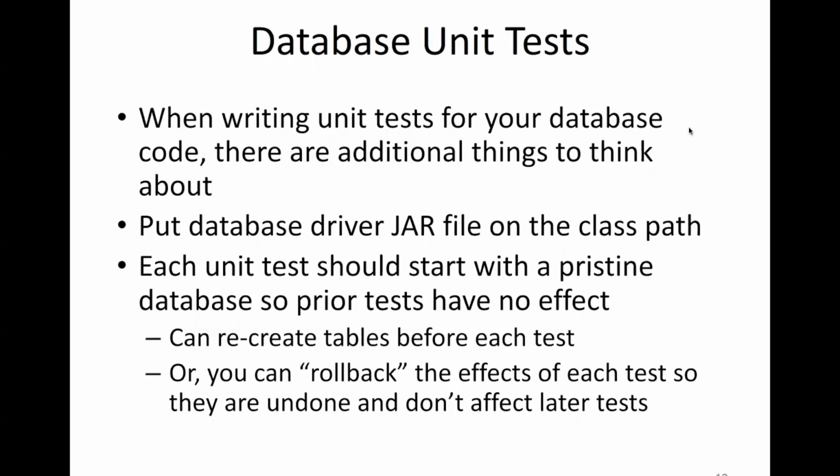The big thing to think about that is additional with database testing is, first of all, we want our tests to be independent of each other. We don't want to write a test in a way that you have to run them in a certain order, where test 1 makes some changes to the database that then test 2 expects to see. That's a bad idea.